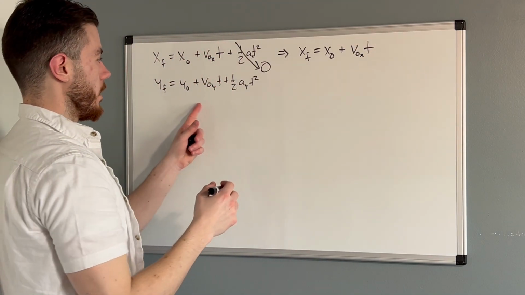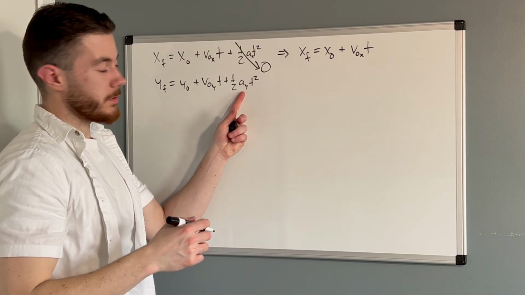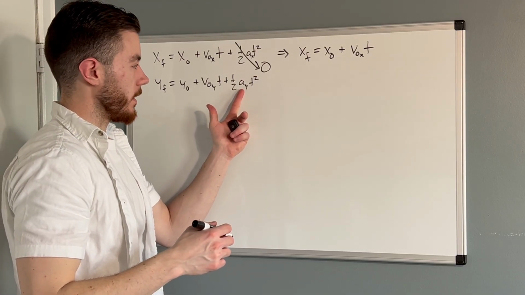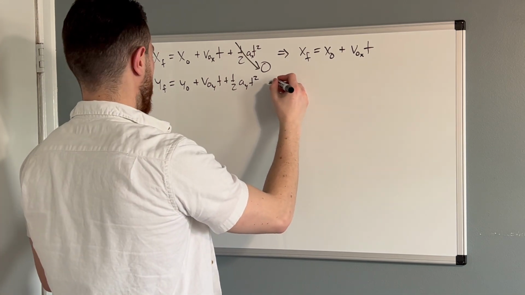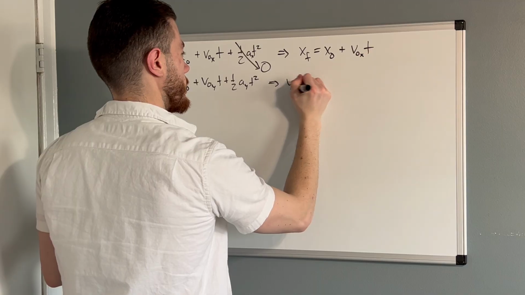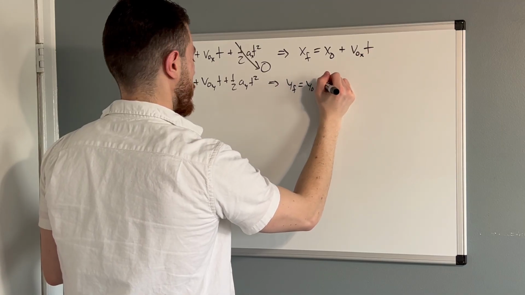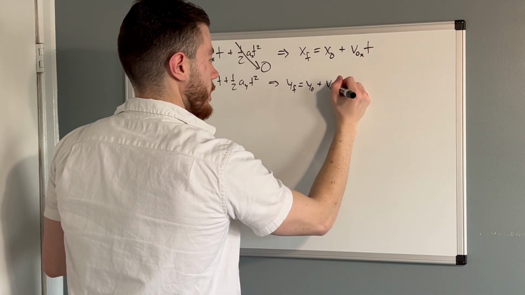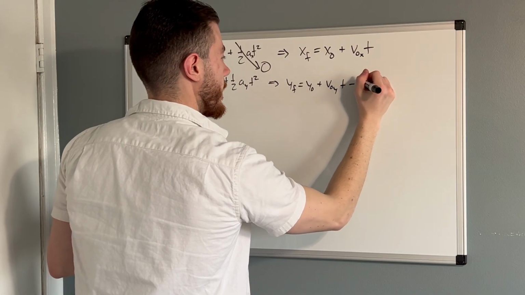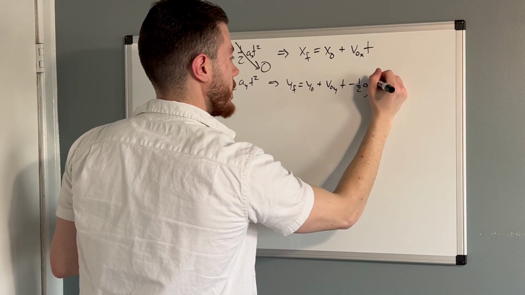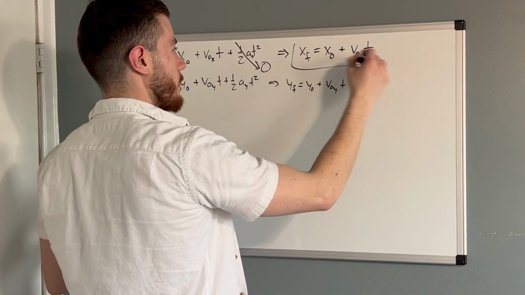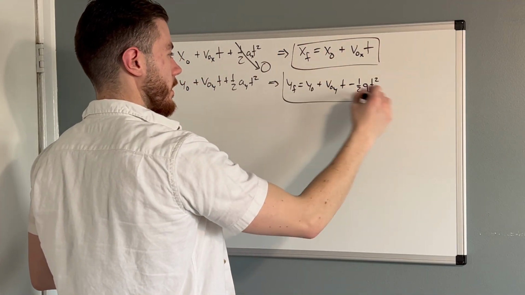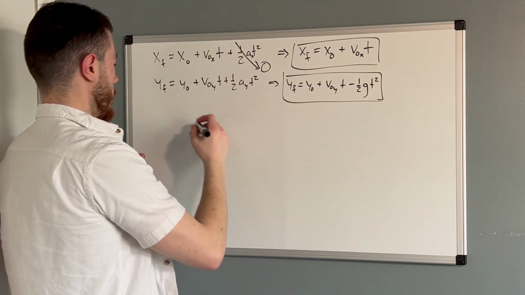And I just said a few moments ago that the acceleration in the y direction is, of course, gravity. So this becomes final y position is equal to the initial y position plus v naught y t minus 1/2 g t squared.